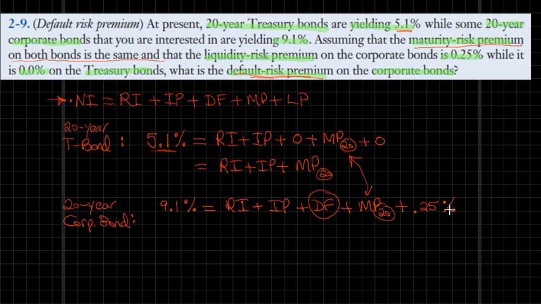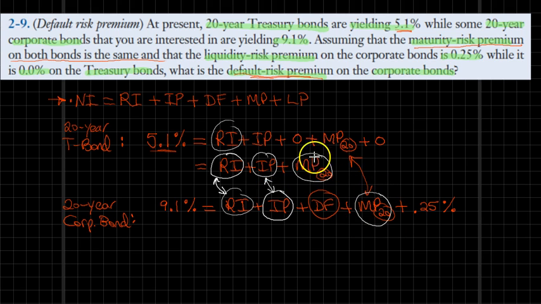Now, what is surprising is that we get the same expression here. Let's first focus on the real risk-free interest rates. These two numbers are the same. Similarly, the inflation risk premium, these two numbers are also the same. And finally, the maturity premium is also the same.